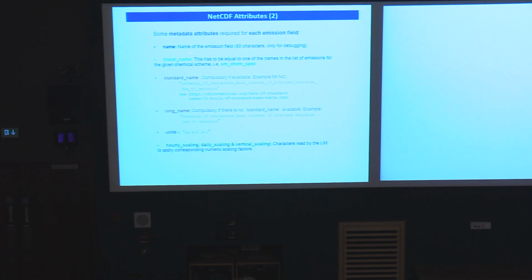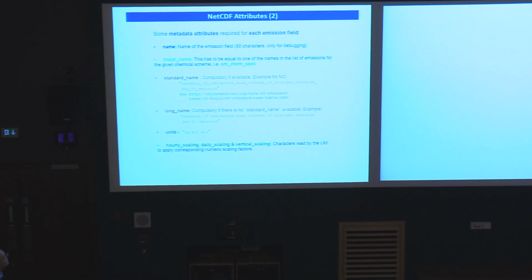Through this attribute, the model actually knows in which tracer these emissions have to be put. And if you put a tracer name that you don't have, so if you say, please put this into isobutane in the model, and you don't have isobutane in the model, then the model will crash and will tell you, no, sorry, can't do.